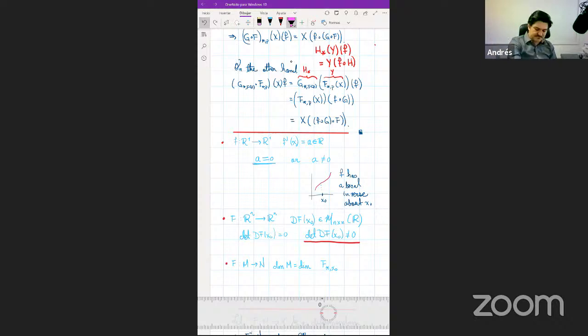So you care if this map is invertible or not. If this map is invertible, it corresponds to this case, and locally f is going to be invertible. Okay? So this is what we are measuring with these linear maps, the same way that you were measuring here on Euclidean space.